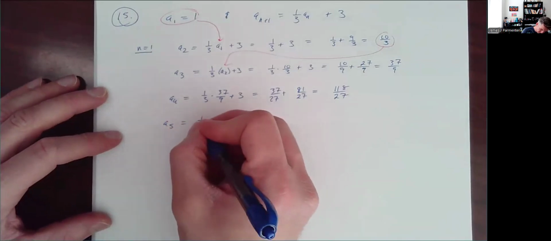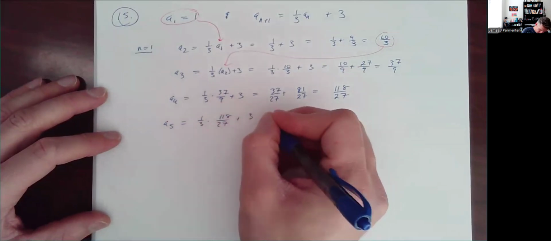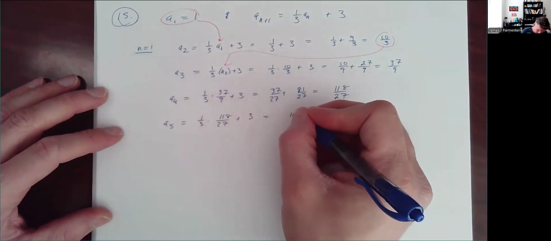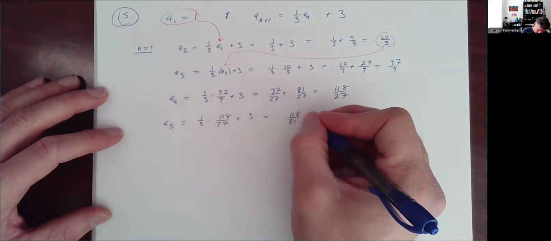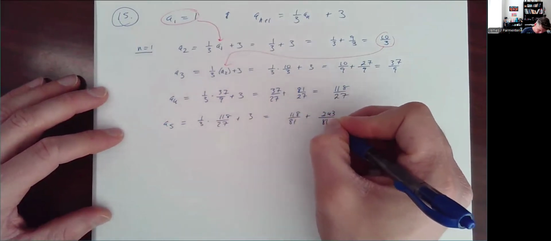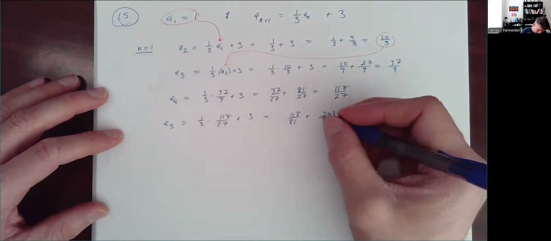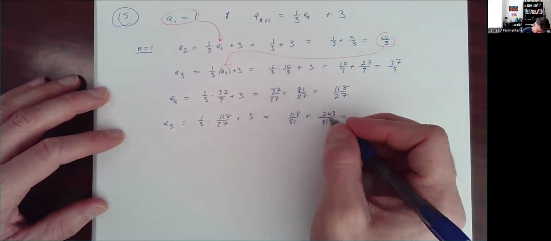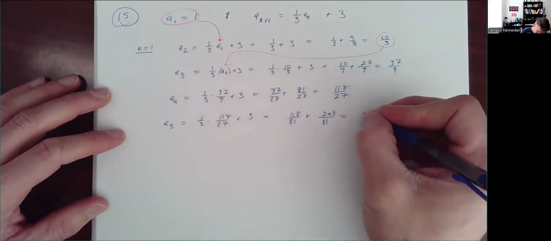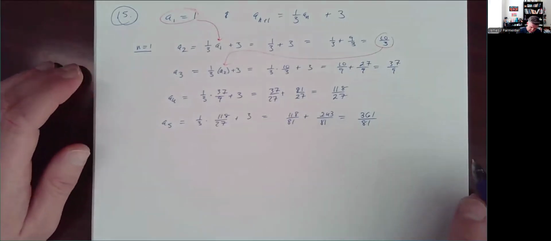So it'd be 1/3 times 118 over 27 plus 3. That's going to be 118 over 81, and then 3 times 81 is 243 over 81, which is going to be 361 over 81.